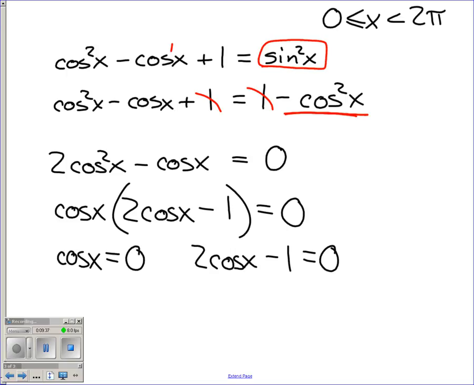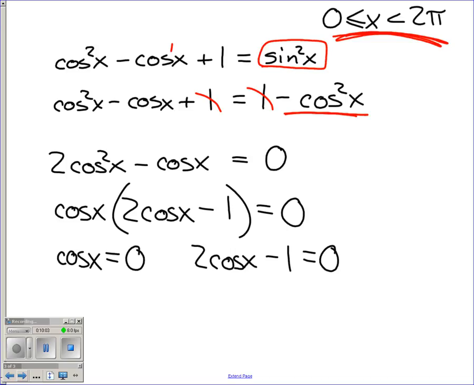So let's solve the first one. Now again, what we're looking at over here, we're between 0 and 2 pi. Where is cosine of some angle equal to 0? Now again, since the restriction is given in radians, I'm going to give the value for x also in terms of radians.